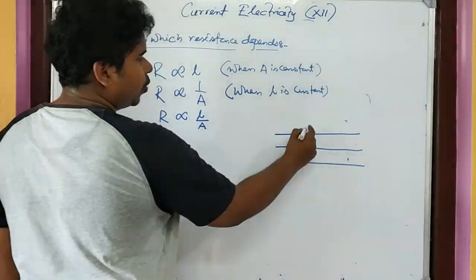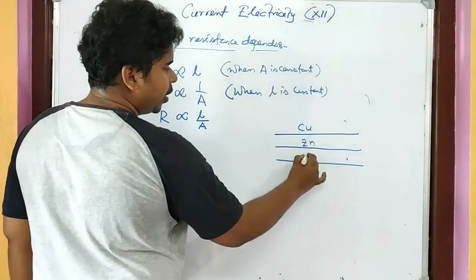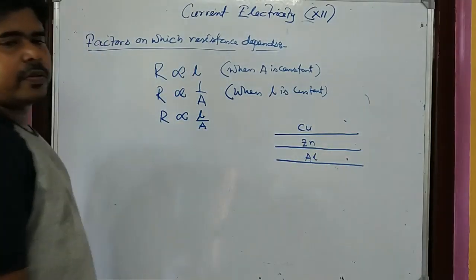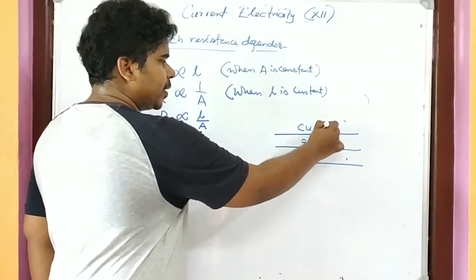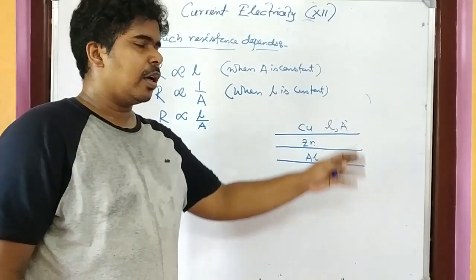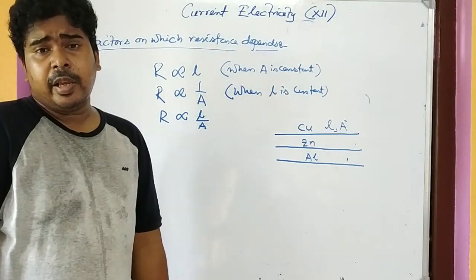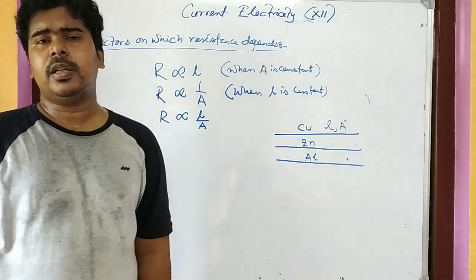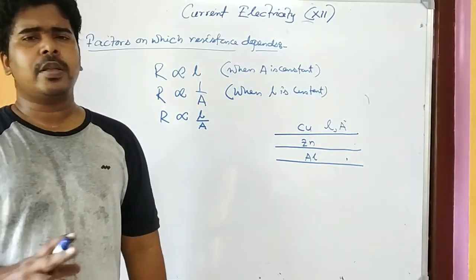Assume it is copper, zinc and aluminium. All three have the same length L and cross section A. If you give a potential difference to them, will the same current pass through the conductors? The answer will be no.